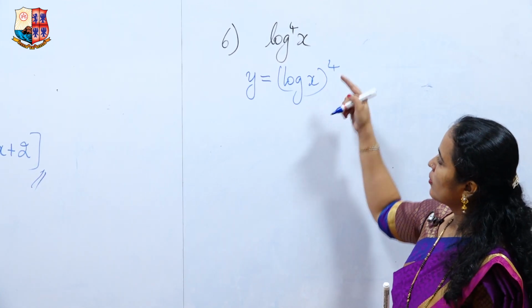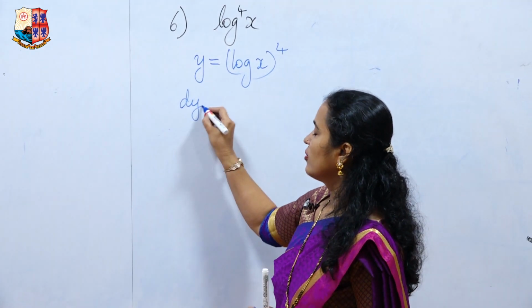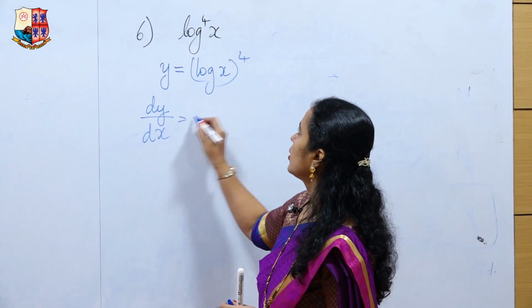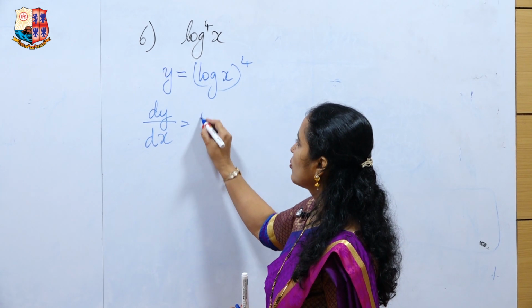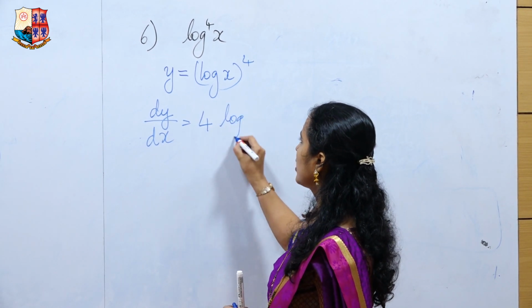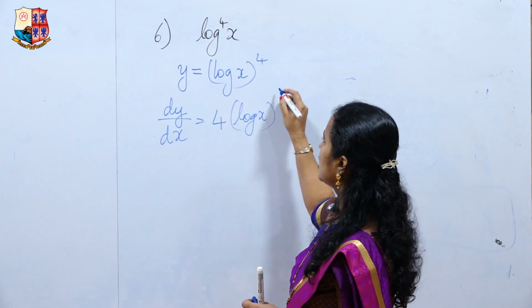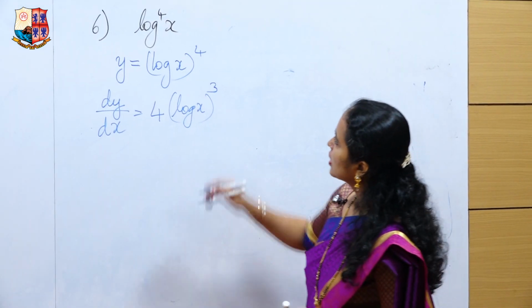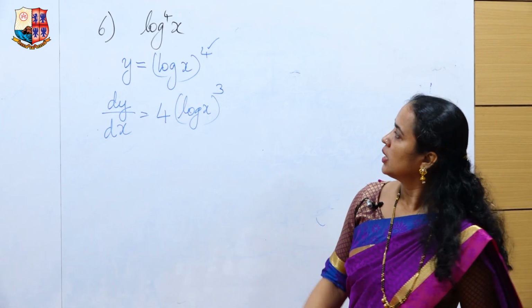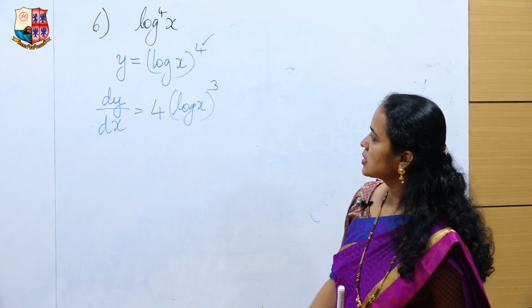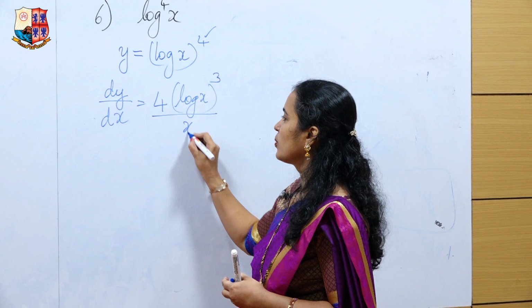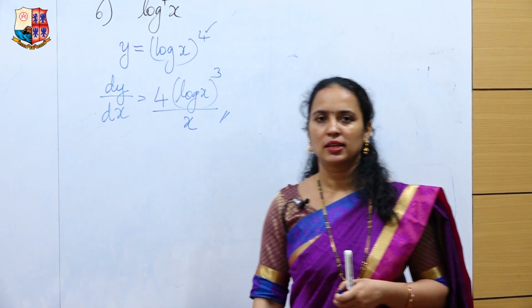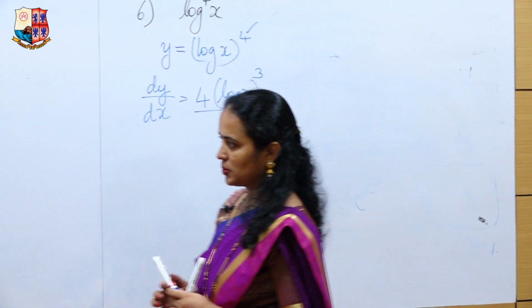So x to the power n form, dy by dx is equal to, bring the power down, 4, reduce 1 from the power. 4 into log x whole power, 4 minus 1 is 3. So done with the power. Next differentiate log x. Log x when you differentiate you will get 1 by x. So done with the sixth problem.